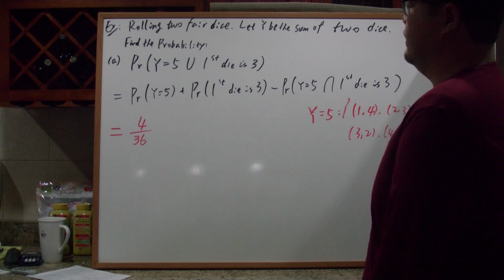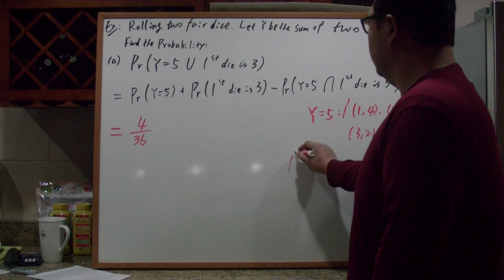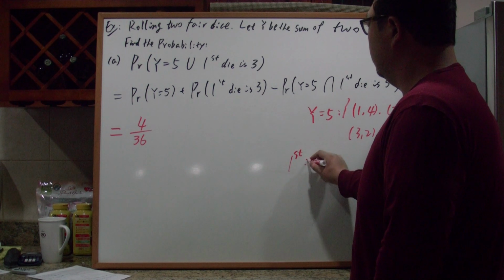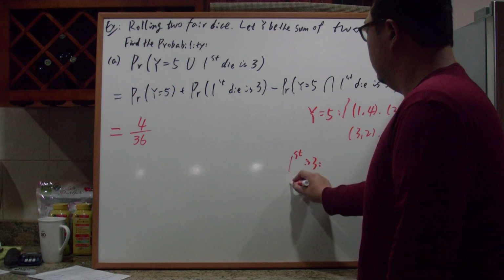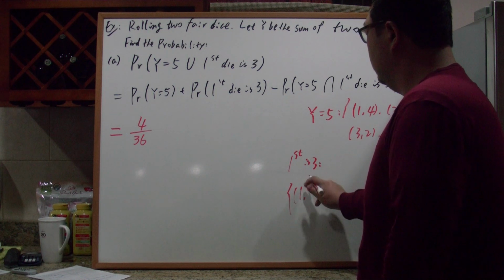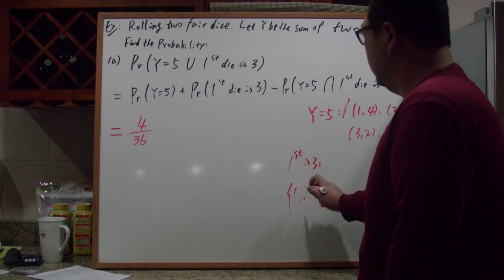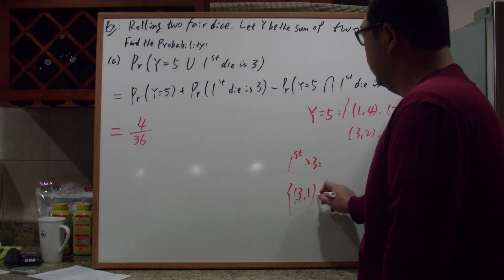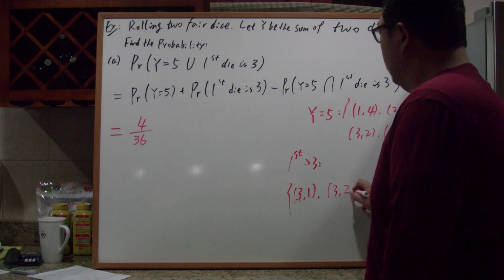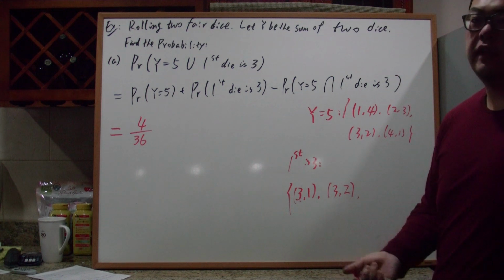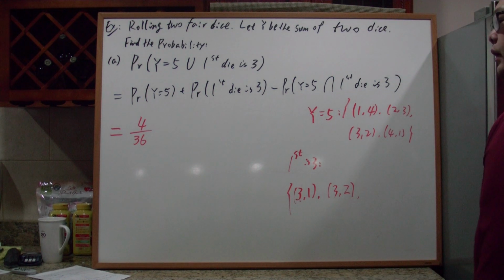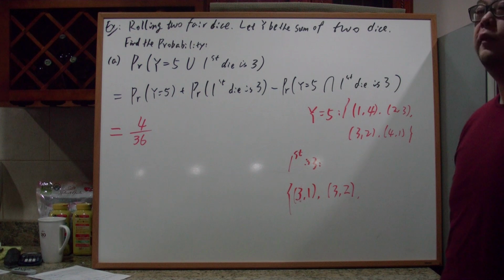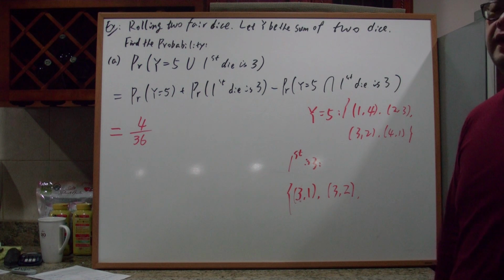Then also the first die is 3. My first die is 3. But when the first die is 3, the second die of the rolling 2 dice could be any number from 1 to 6, could be any face value.